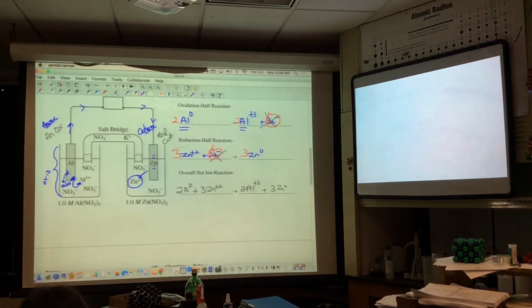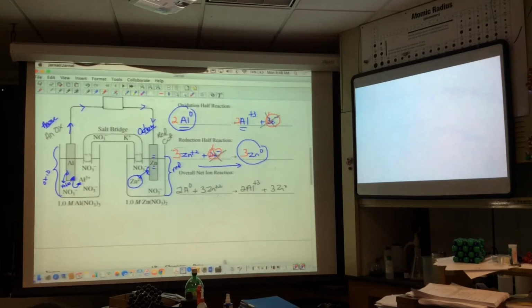The zinc plus 2 becomes a solid, and this plates. This side's getting bigger. We're making a solid in the reduction half cell. Red cat.